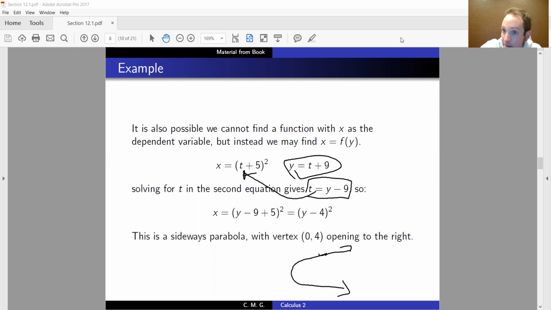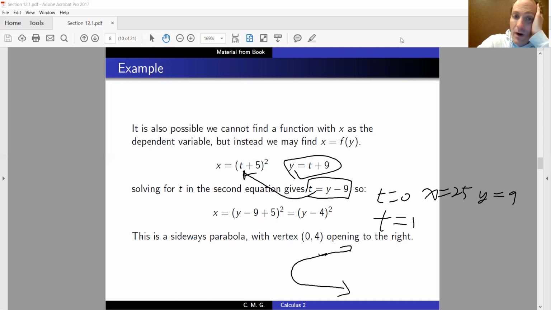How is it being mapped out? That's another question. So when t is 0, what do I get? When t is 0, x is 25 and y is 9. When t is 1, x is 26 and y is 10. So it appears what's happening here is that I'm at 25, 9, which is here, and then I'm opening to the right. I'm going that direction, and I think I have to be careful.